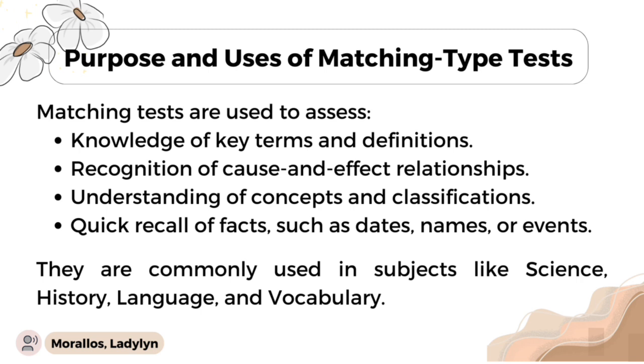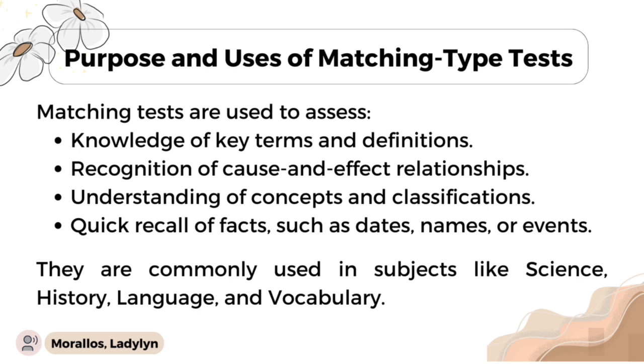The animals can be in column A, while the categories, mammals or reptiles, can be found in column B. This helps in knowing if they really understand how things are related or different from each other.